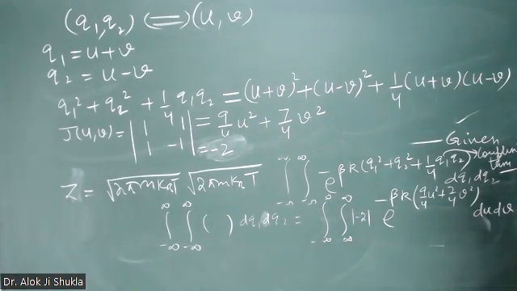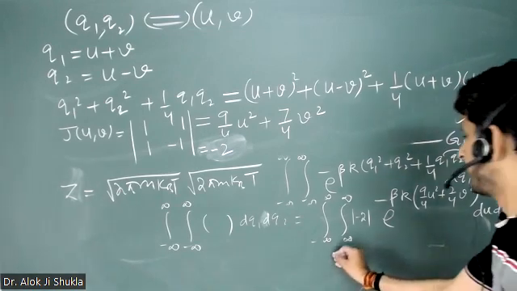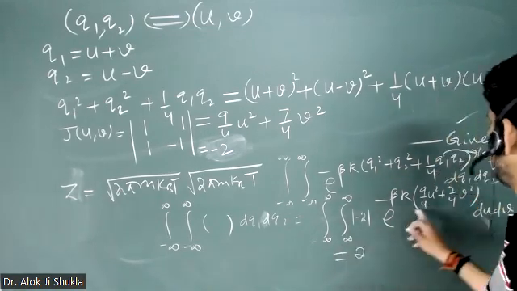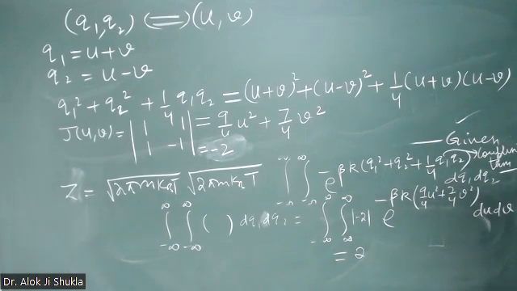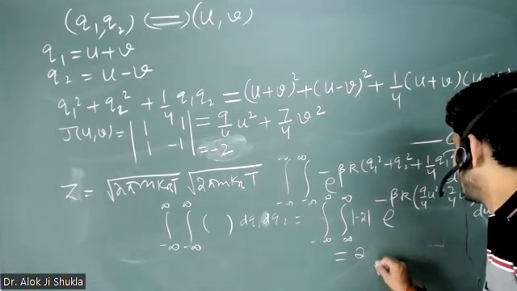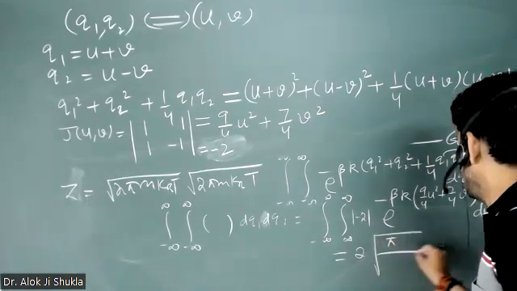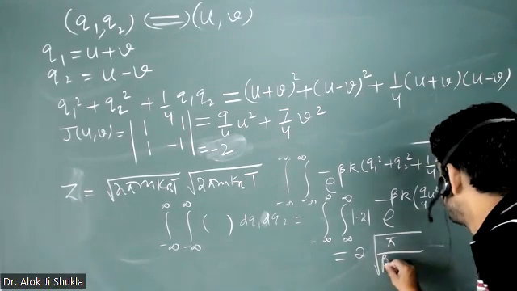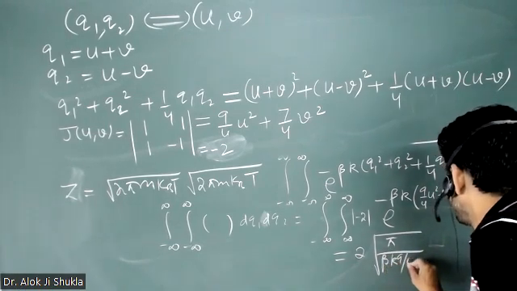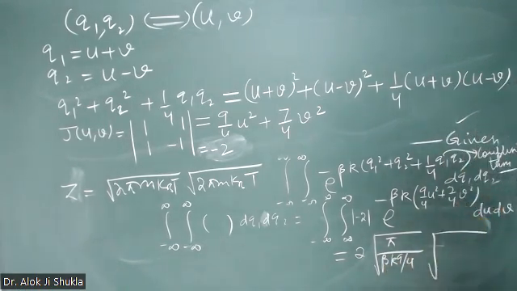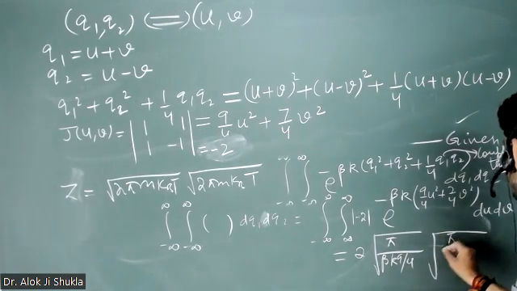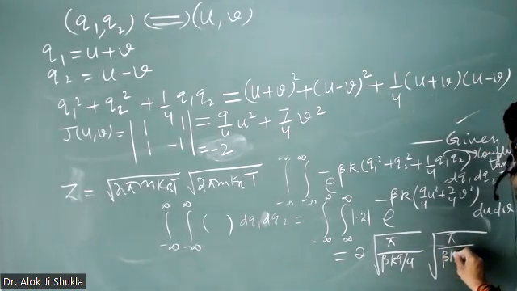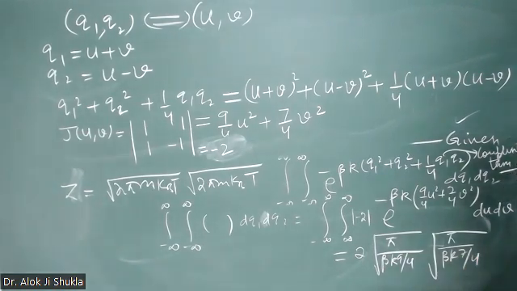You know this integral, how to write it. Under root pi by alpha. लिख लो. 2 times पहले वाले का क्या हो जाएगा? Under root pi by alpha, under root pi by alpha. What is alpha here? Beta k 9 by 4, into under root pi by alpha, beta k 7 by 4.